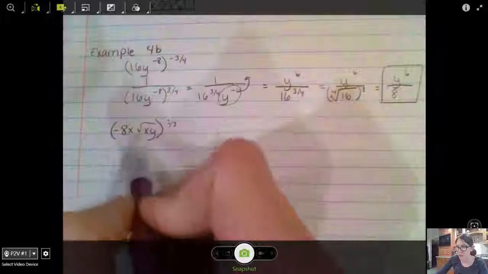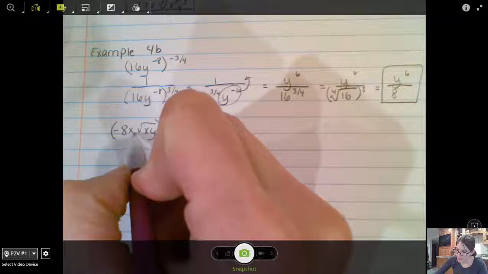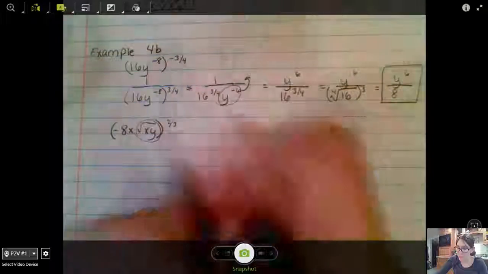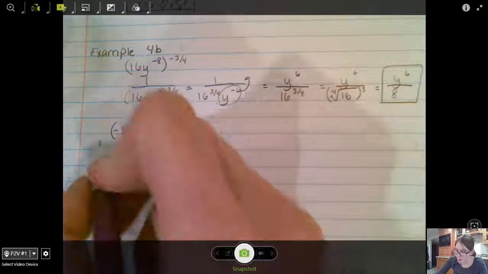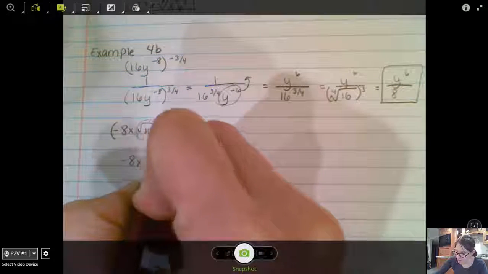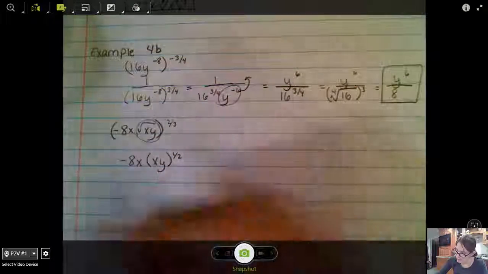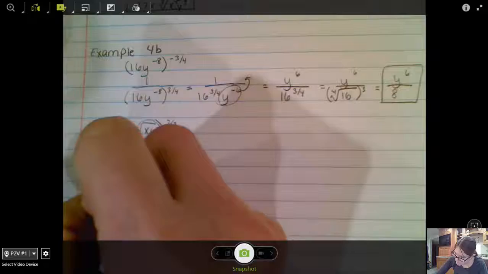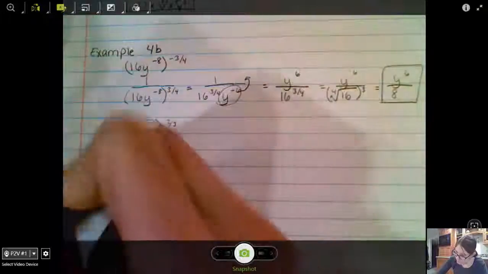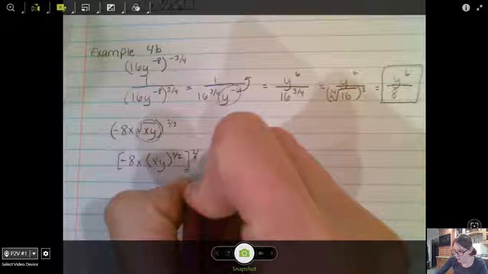And kind of similar to the example from 4a, I'm going to start off by noticing, hey, this square root of xy, it's going to be a lot more helpful if we can write that as an exponent. Negative 8x, and then xy is all to the 1/2 power. And this is all to the 2/3.